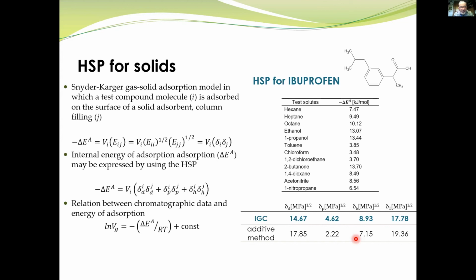For solids, it's possible to calculate Hansen solubility parameters using an old, very old model proposed by Snyder and Karger, I think in the 1970s, something like this.